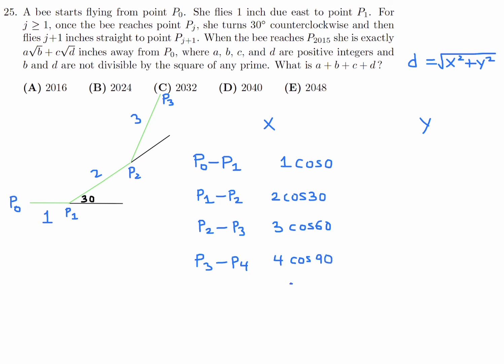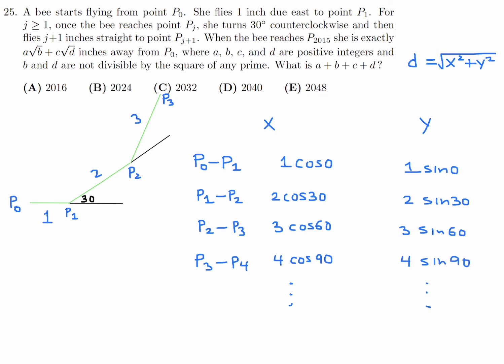So it just keeps on going like that. In a very similar way, if you look at the y direction, it would be 1 sine of 0, and then 2 sine of 30, and then 3 sine of 60, 4 sine 90, and so on, dot, dot, dot.